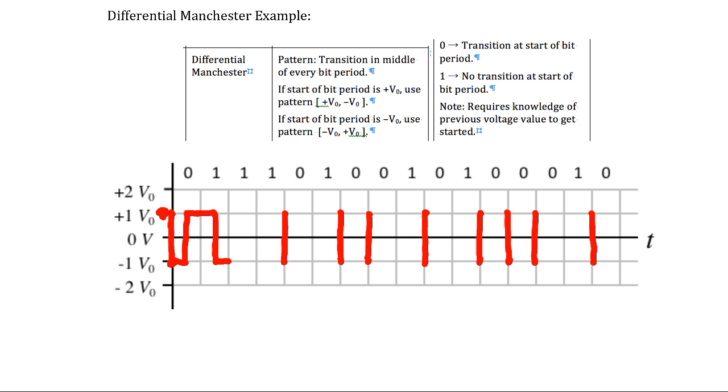1 doesn't give me a transition, so I continue straight on. 1 doesn't give me a transition again. And so you can see here that the 1s, I have no transition at the beginning of the bit period. And I'm going to go ahead and continue with this. 1s give me no transition at the beginning of the bit period.